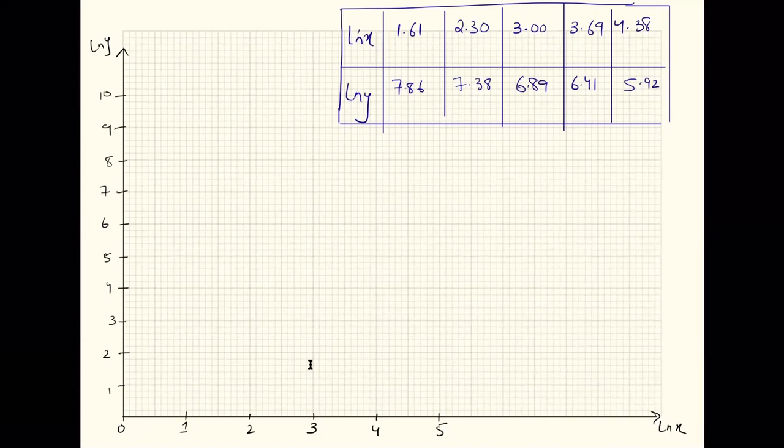Let's mark the points. 1.61, 7.86. So 1.61 can be rounded to 1.6, and on the y-axis one small box represents 0.2 units, so 7.86 can be rounded to 7.9, which is somewhere over here. That's my first point.